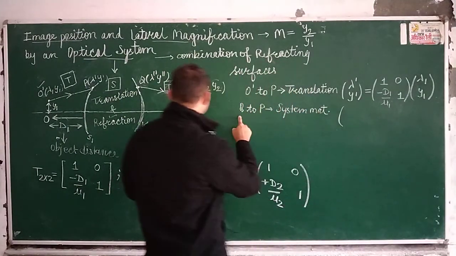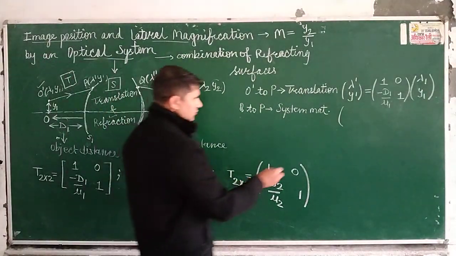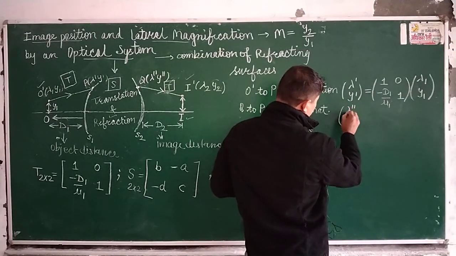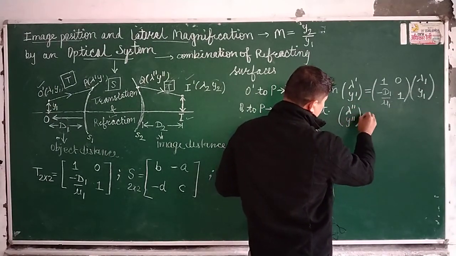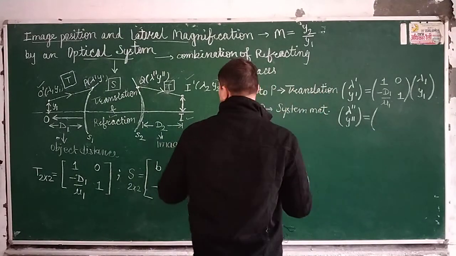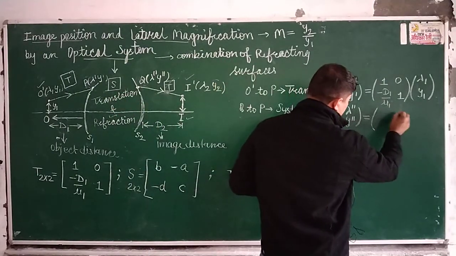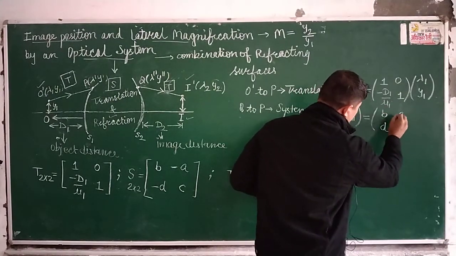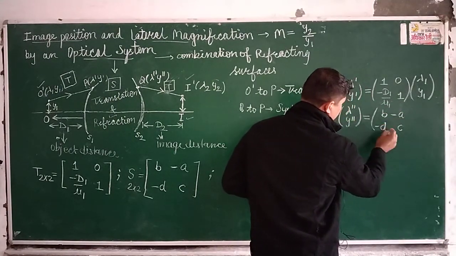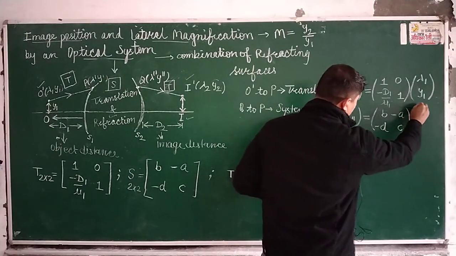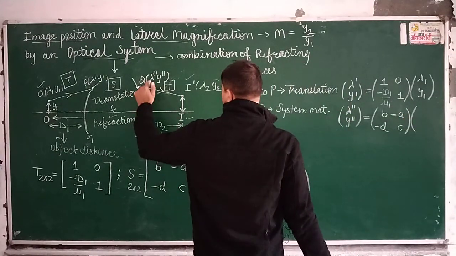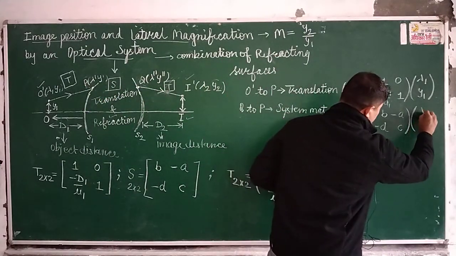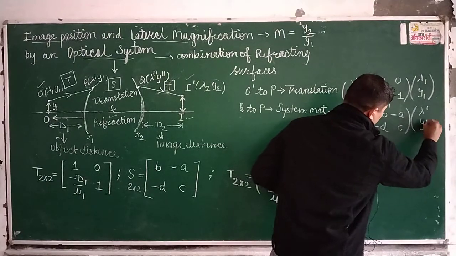Here we write the optical coordinates of point Q, which are lambda double dash and y double dash. These can be obtained using a system matrix A, B, C and D, and we will take A and D negative for convenience of calculation, times the optical coordinates of point P, that is lambda dash and y dash.